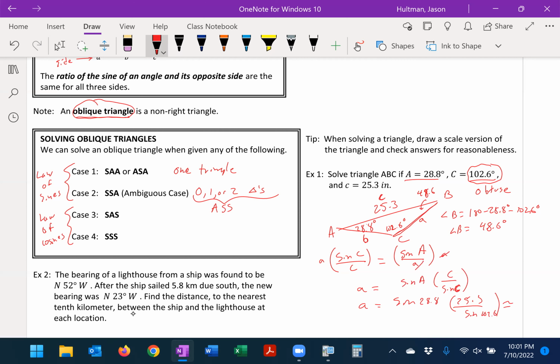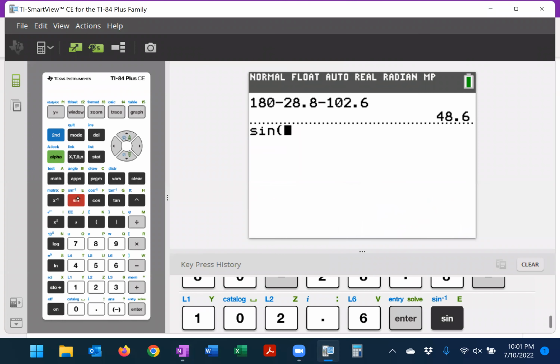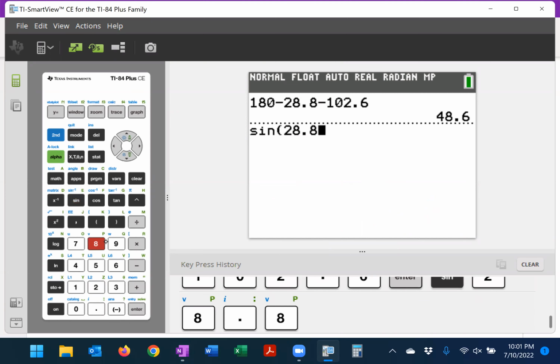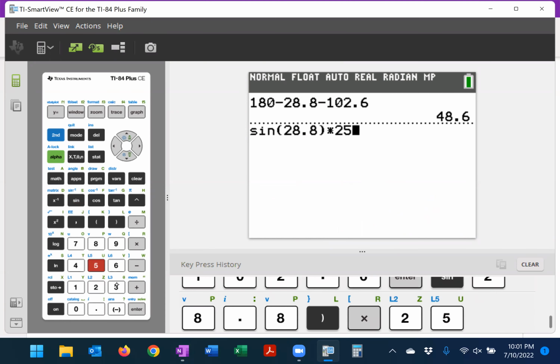Okay, and let's see what that comes out to be, approximately. So we have the sine of 28.8 times 25.3 divided by the sine. Make sure that I'm in degrees mode. Nope, I'm not. I need to make sure I'm in degrees mode.